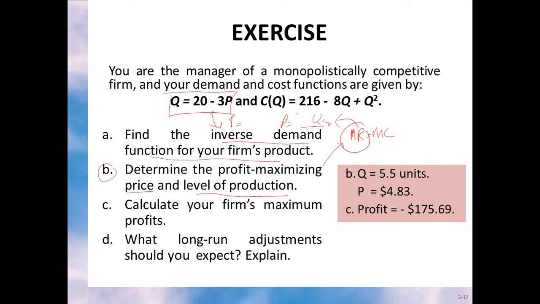Remember, MR you have to transform from the inverse. This is where you use A plus 2BQ. I have explained this one in part 3. So after you get MR, here A plus 2BQ from the inverse function, you substitute here. And how do you get MC? Of course, you will get it from the cost function.